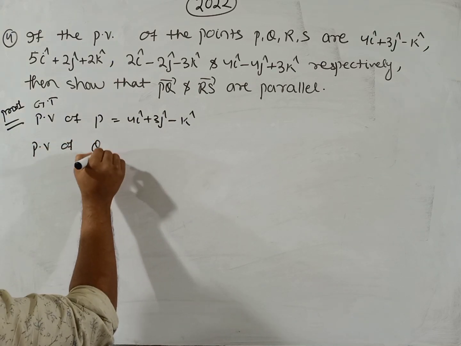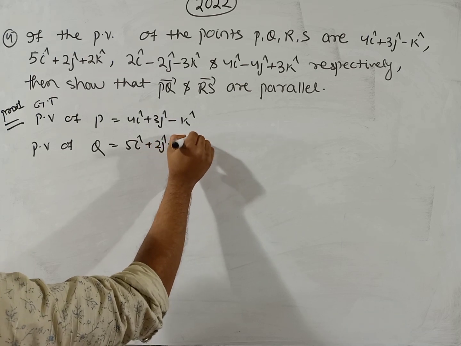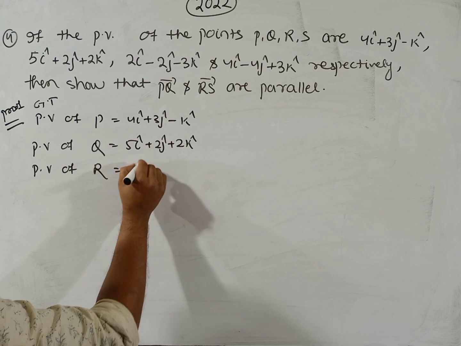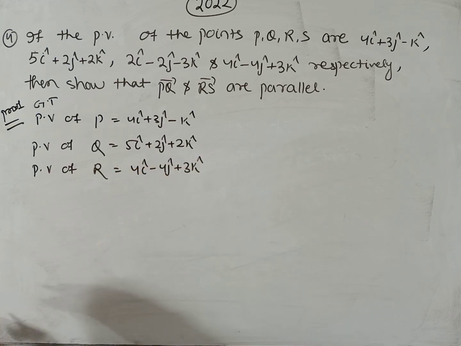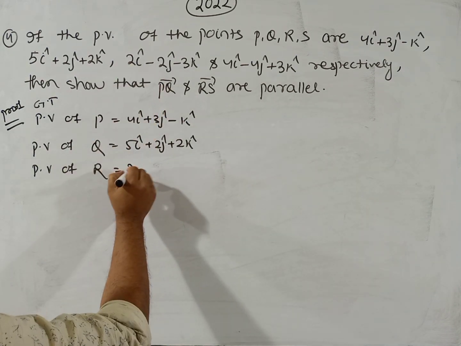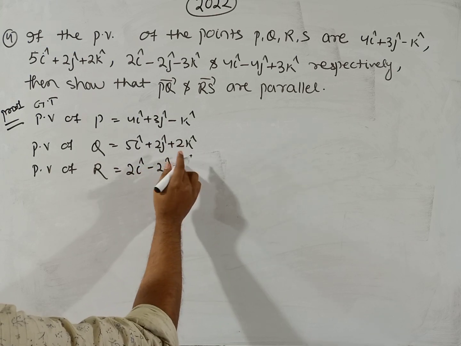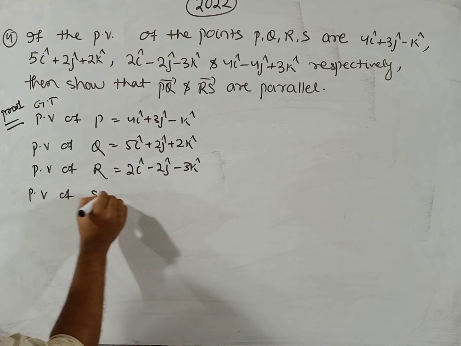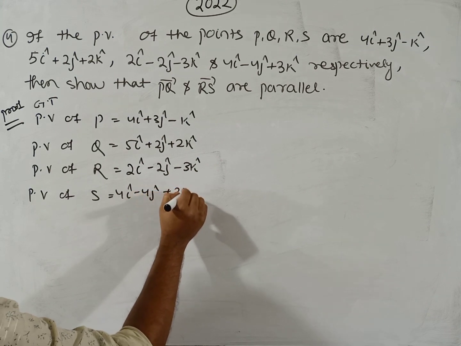Position vector of Q, it is 5i cap plus 2j cap plus 2k cap. Position vector of R, it is 2i cap minus 2j cap minus 3k cap. Position vector of S, it is 4i cap minus 4j cap plus 3k cap.